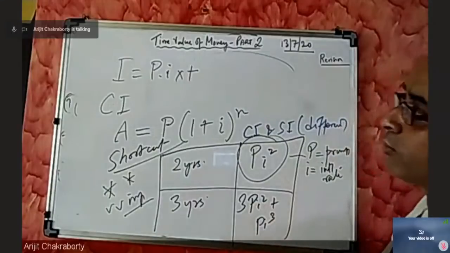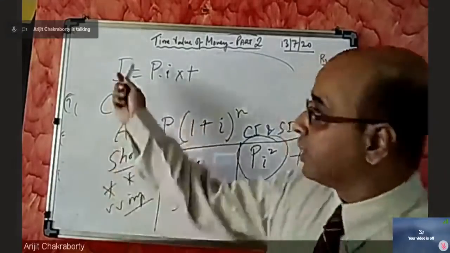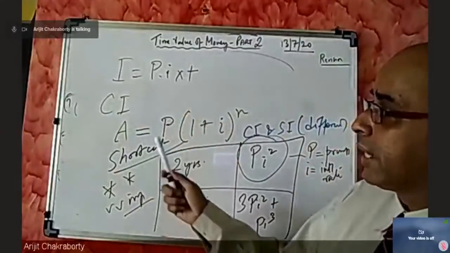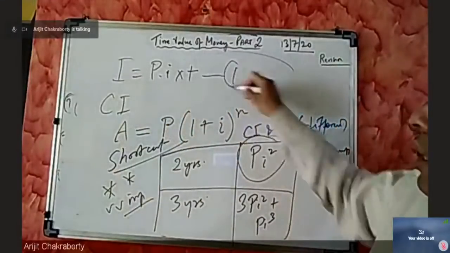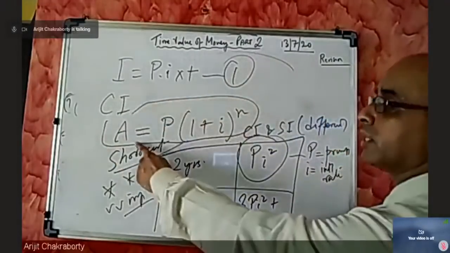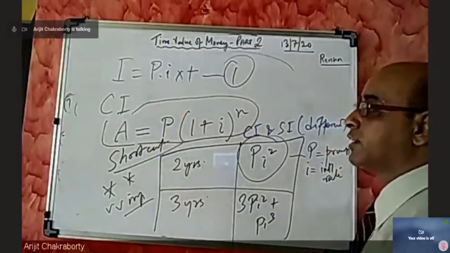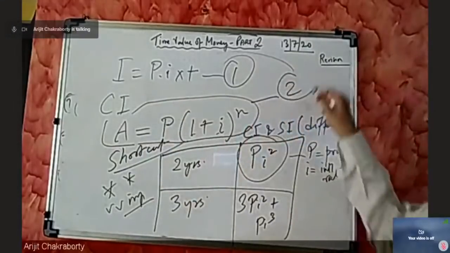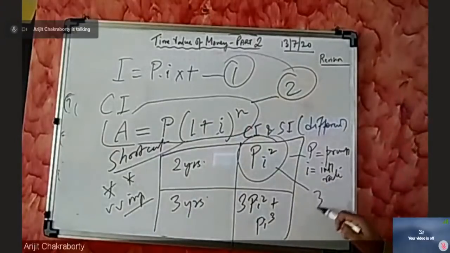So we saw the formula, the interest is equal to principal into interest into time. This is the first formula. In case of compound interest, we saw that the amount is equal to the principal multiplied by 1 plus I to the power n. This is the second formula. This is the third formula.